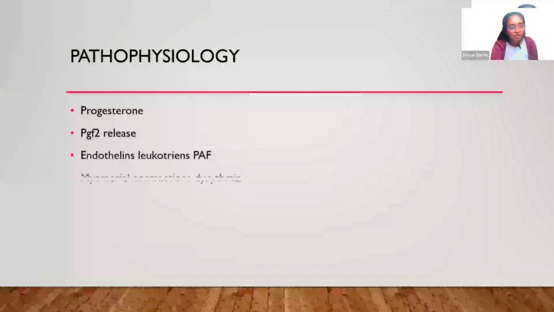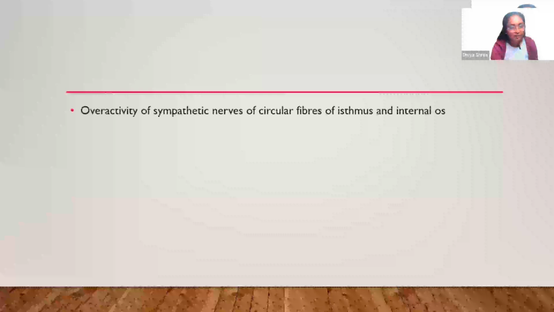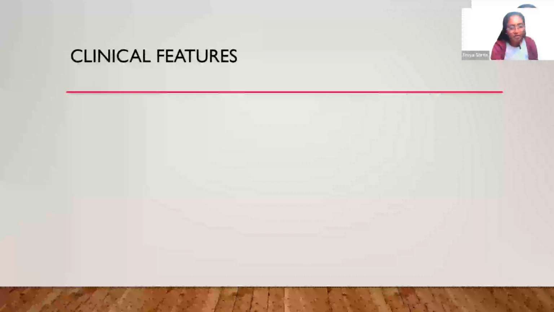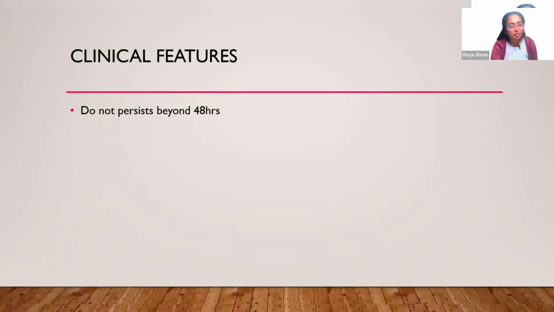We understood the pathophysiology properly. Coming to the clinical features. The pain starts just during menstruation, as the endometrium sheds and the prostaglandins are released, and it does not persist beyond 48 hours.